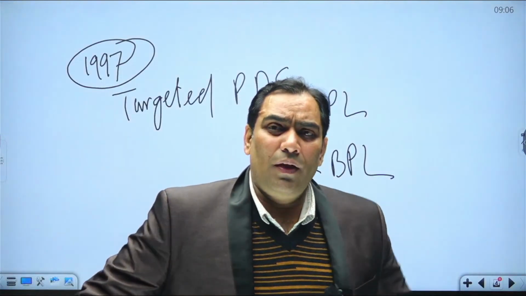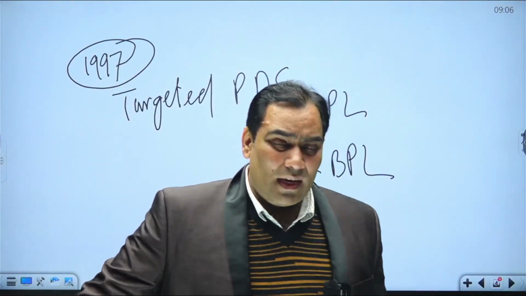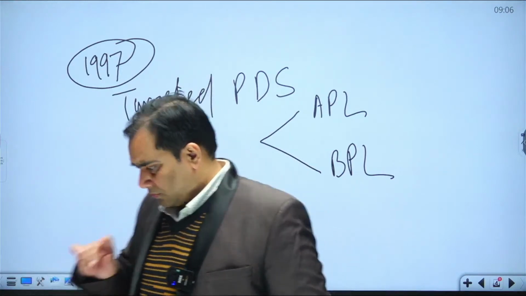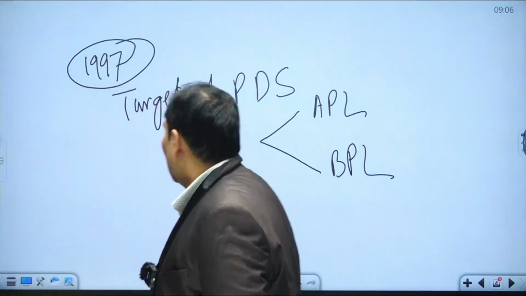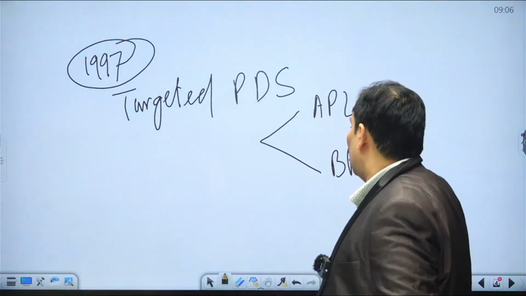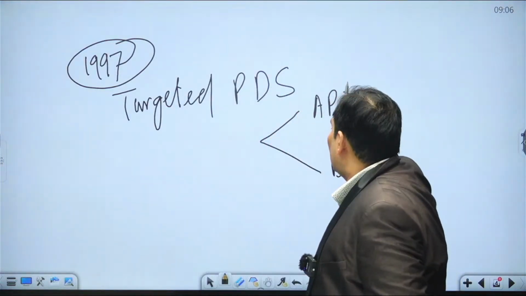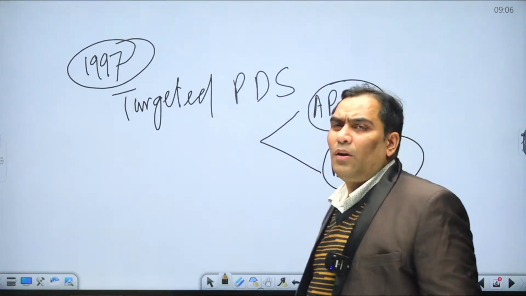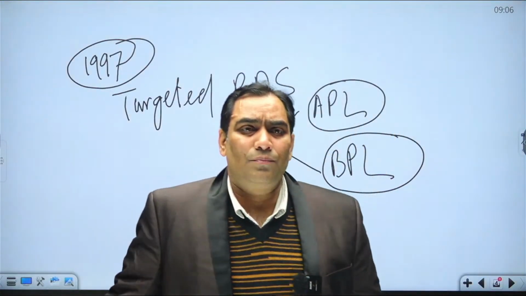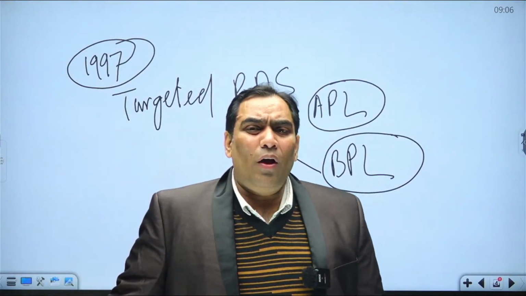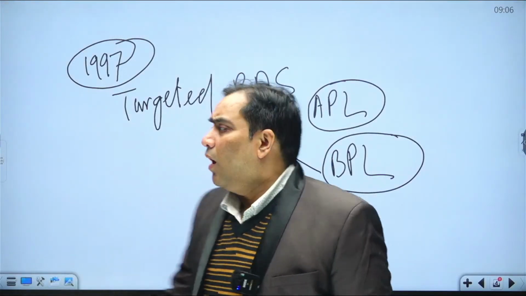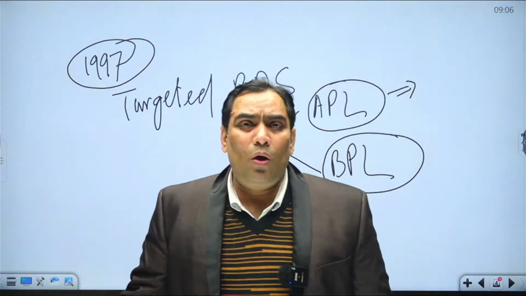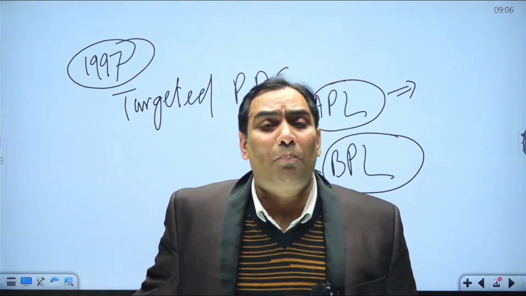So we were running the PDS system, but in 1997 we made a reform, and that reform was that we divided the beneficiaries among two categories. One is known as the APL category, the other is known as the BPL category. Who was under the APL category? APL means above poverty line: the individuals who were above the poverty line.